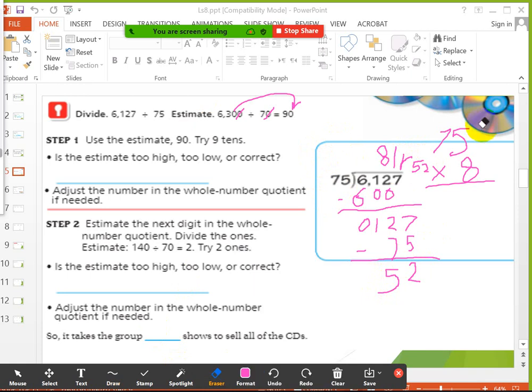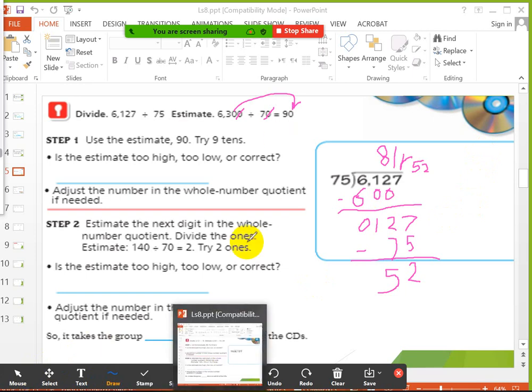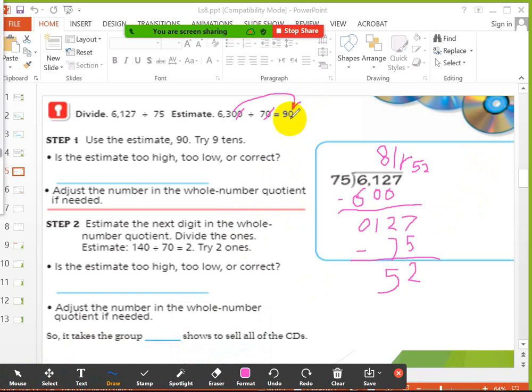Now I want you to focus with me to understand this remainder. Okay? Now, if you estimate those numbers, the estimation was 90. That means the music group has to do 90 shows to sell the CDs.